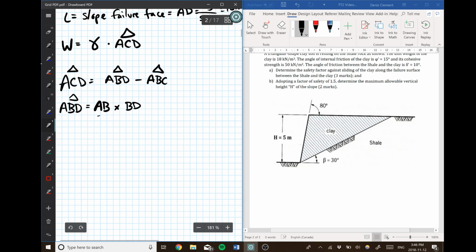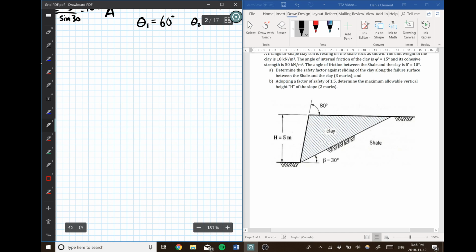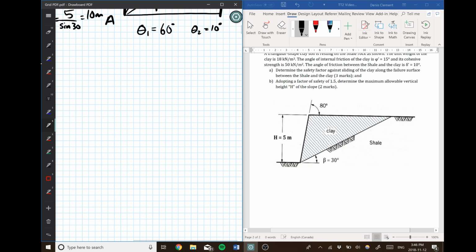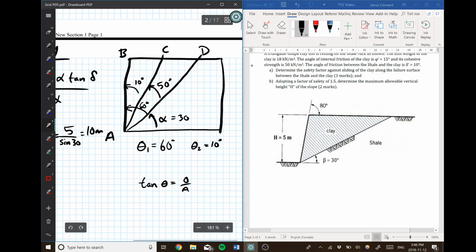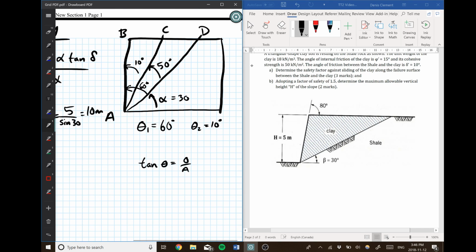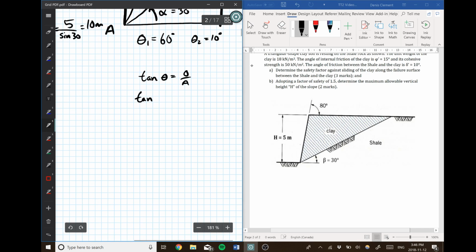AB we know is 5. So BD then, we know that tan of theta is equal to opposite over adjacent. So if we're looking at ABD, the angle there is 60 degrees. So tan of 60 is equal to our opposite, which we want to know, which is BD, over 5, which is our adjacent.